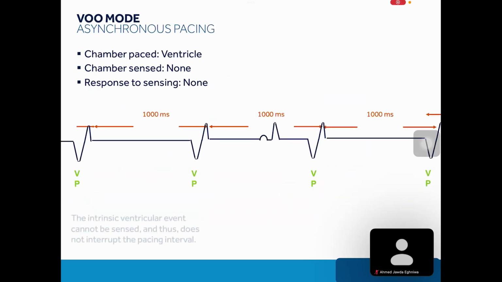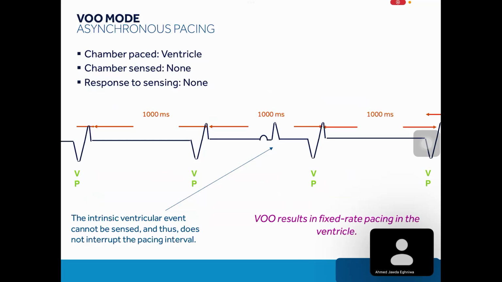In VOO mode, what does VOO mean? V pacing, ignoring the intrinsic rhythm, no sensing. It will pace asynchronously, at a fixed rate of pacing, ignoring the intrinsic rhythm at all.